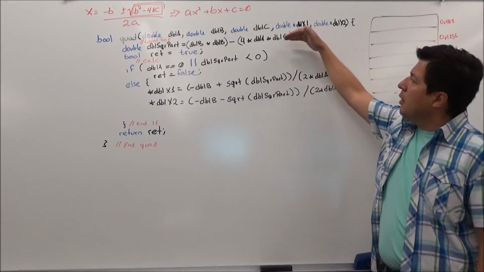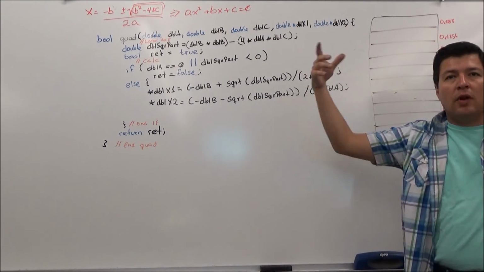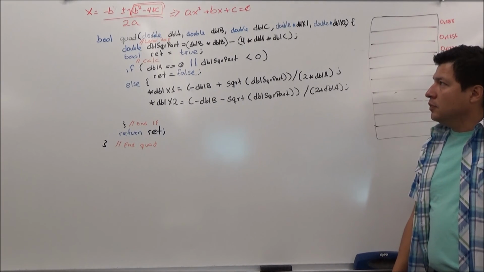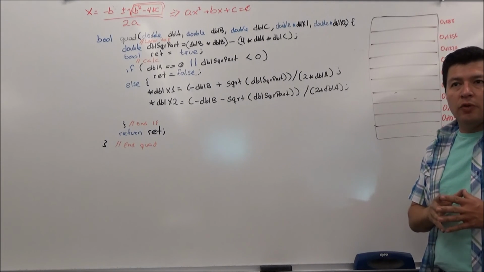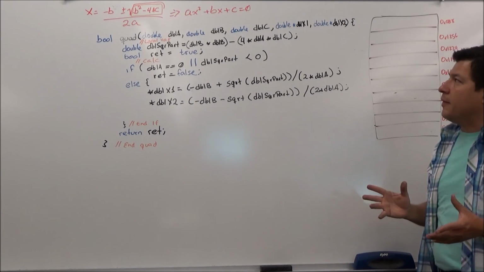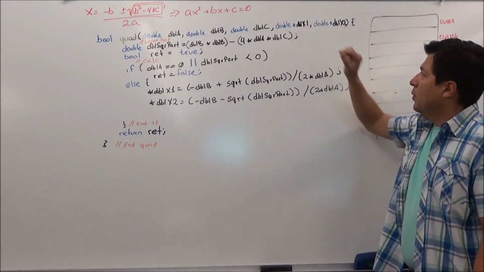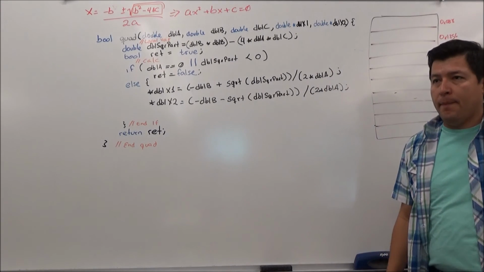So remember, every parameter is treated as a local variable, so it doesn't modify the source or the calling object or method. But this, we'll see in a minute when we come back, what actually happens in memory.